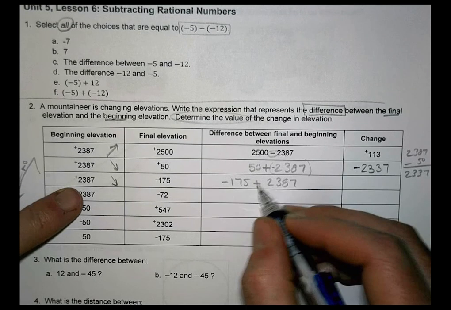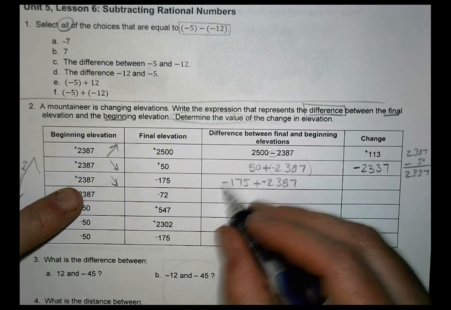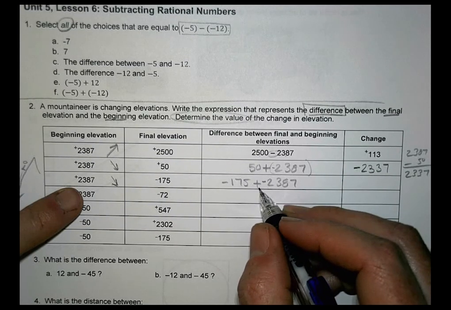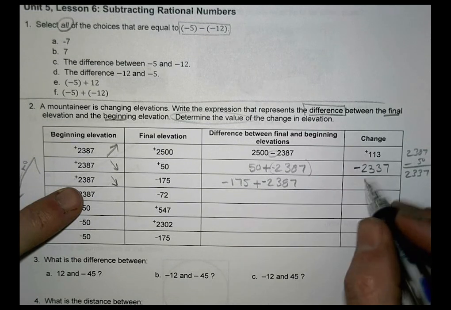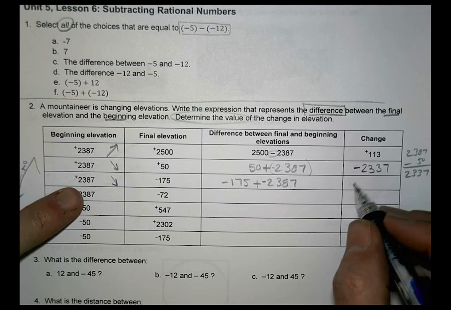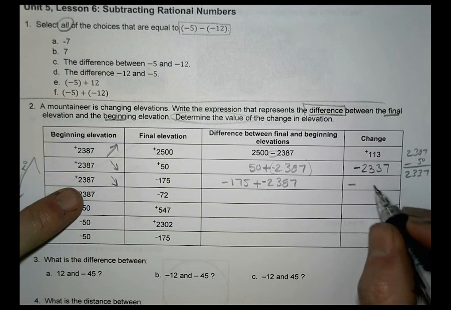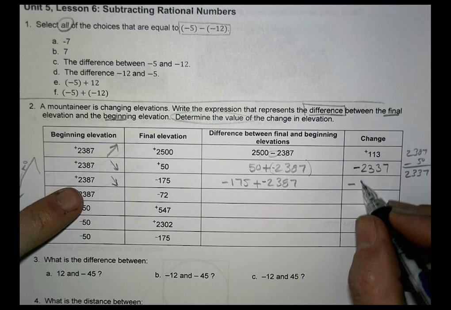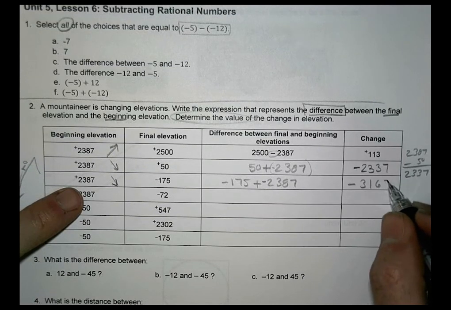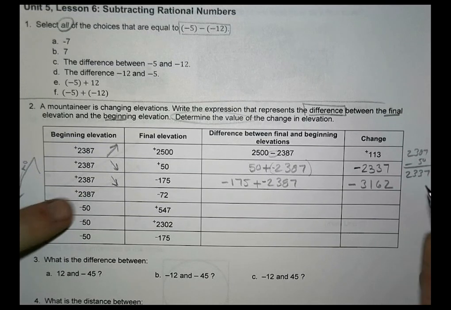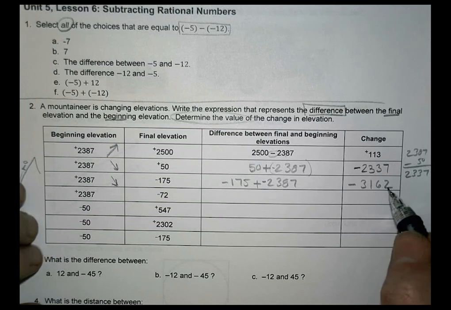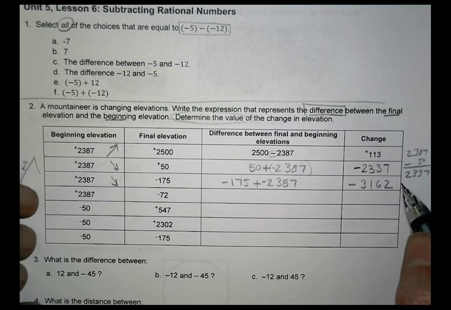This becomes add a negative. Now the signs are the same, so I find the sum and keep the sign the same. So my change in elevation is going to be a decrease again. When I add those two together, I have 3,162. So my change is a decrease of 3,162 feet from where I started.